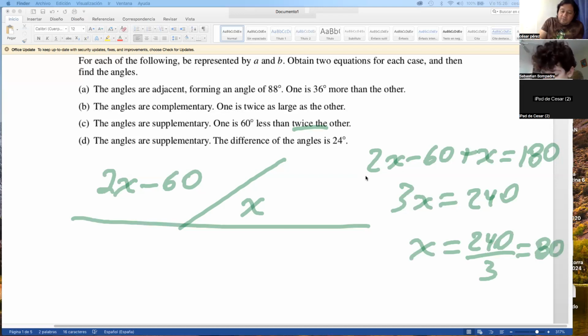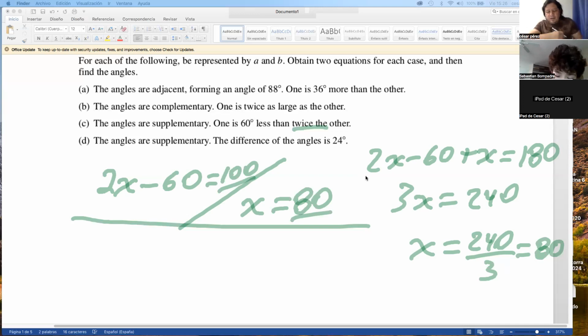This gives us 80. And this will be 100. Taken together gives us 180. And twice 80 minus 60 gives us 100.